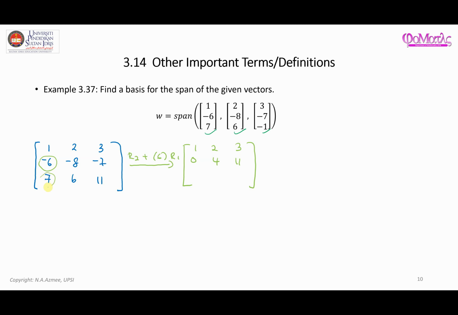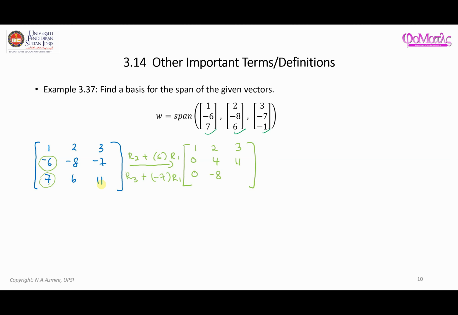Also, this part has to be turned to 0 as well. So we will consider changing the third row with this operation. 7 minus 7 is 0. 6 minus 14 is -8, that's right.